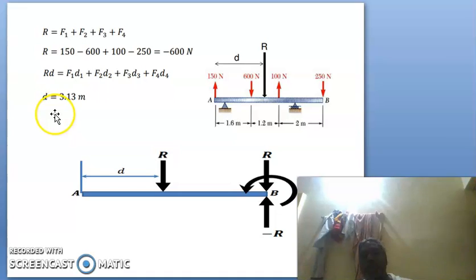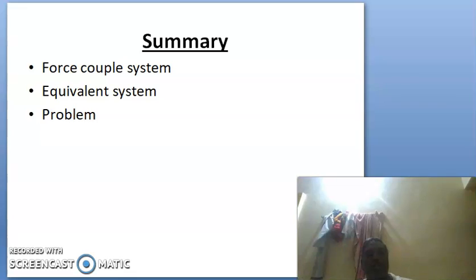From the expression we find that the distance to be moved is 3.13 meters, and the value of the force doesn't change. So here we have studied the force couple system, we have studied an equivalent system, and we have also solved a problem with which we have understood.